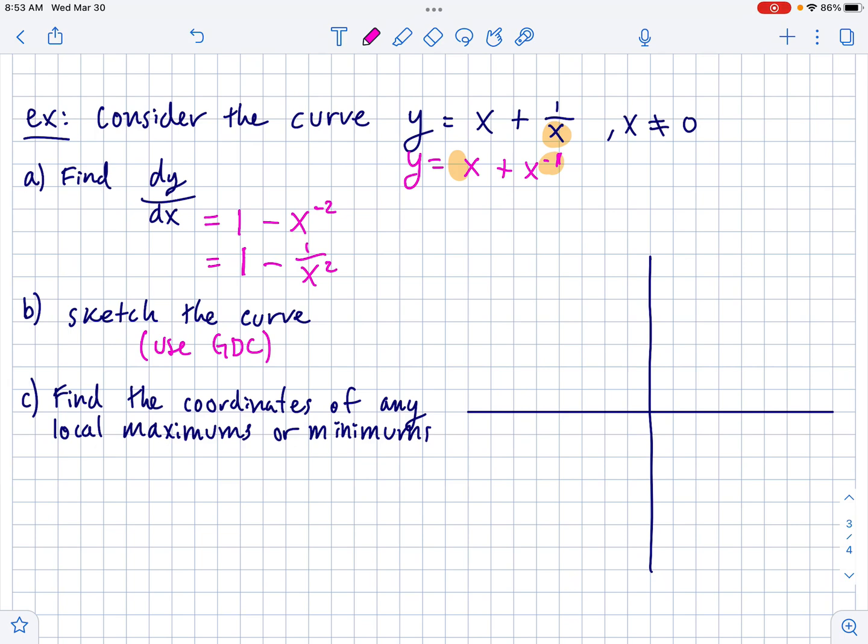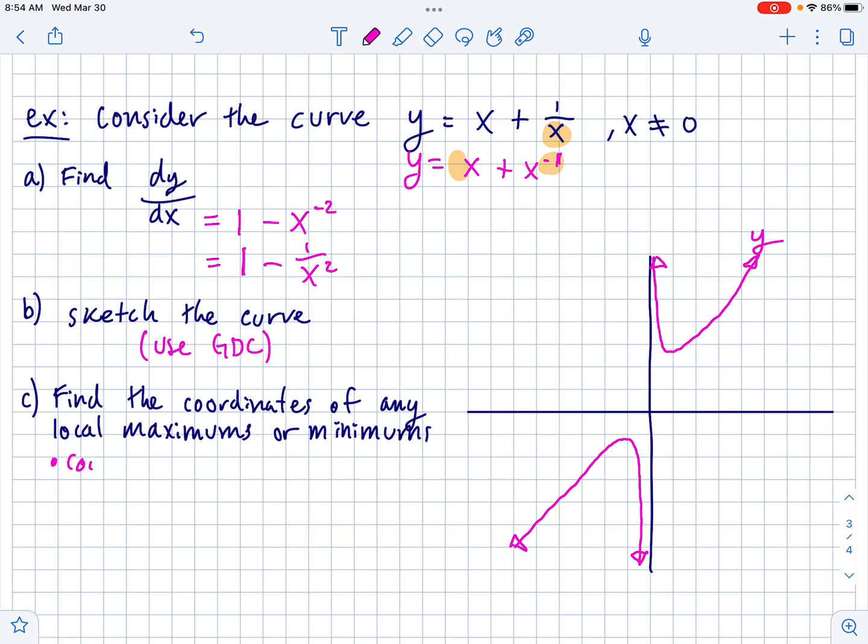Now, sketch the curve. This is using your graphing calculator. I believe when you graph this, you get something like this. So this is y.